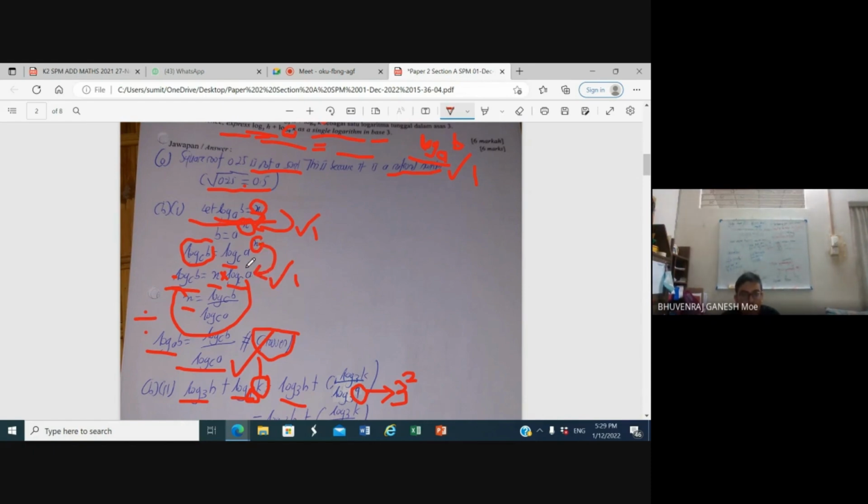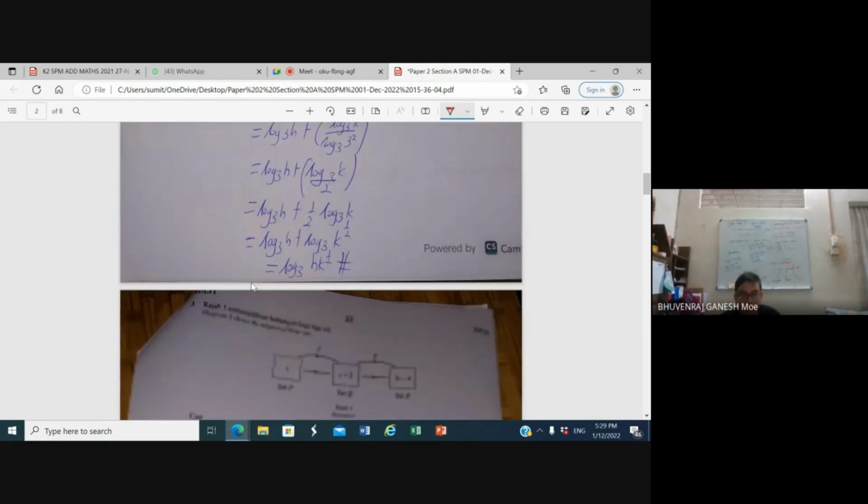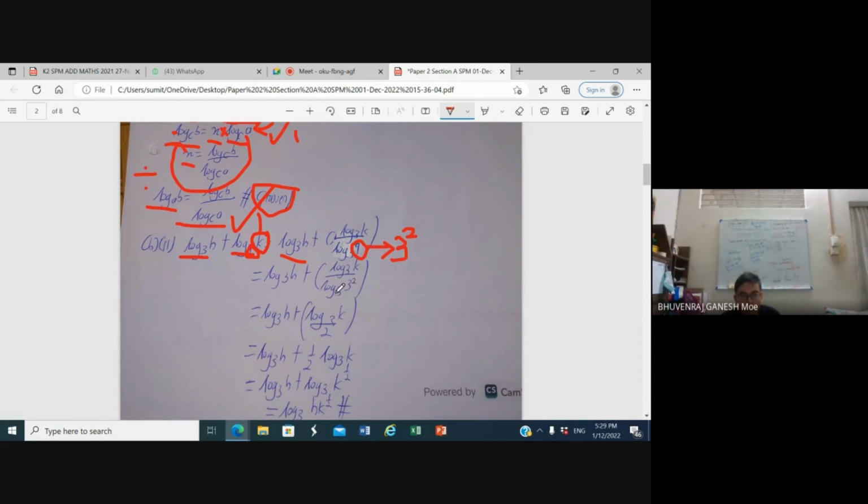Log c a power x, the x I times log c a. Means I bring the power down. That's one rule of log. Then log 3 squared, I bring the power to the front here. Actually I skip one step. So from here you will get 2 times log 3.